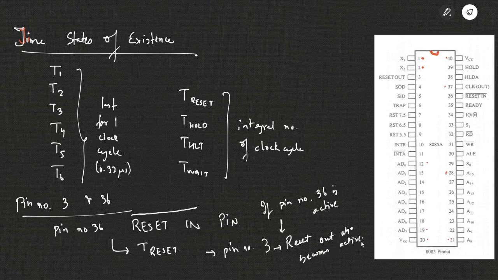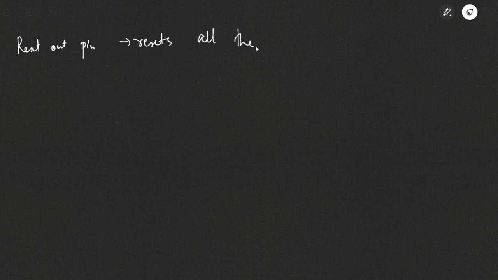Reset in will reset the microprocessor, and also it will reset all the other peripherals. The reset out pin resets all the peripheral devices.